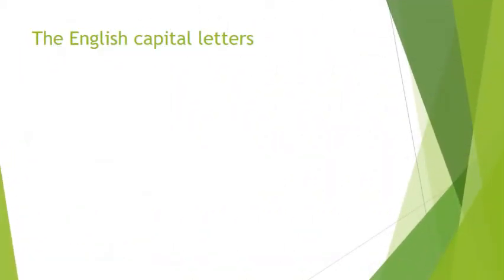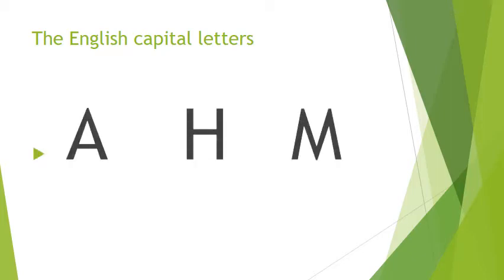Now here are some of the English capital letters. What are they? A, H and M. Now we have folded the letter A, that is, we have put the axis.